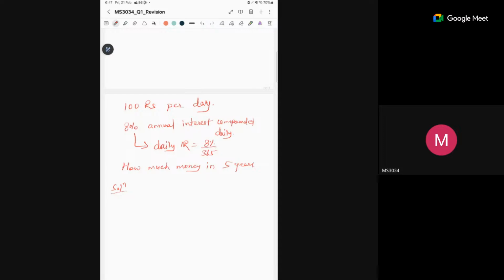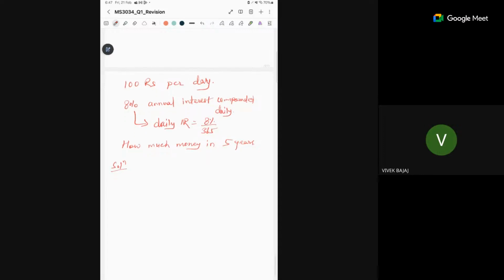I have not checked whether continuous compounding gives the same answer. But as we discussed, if numbers are very small, continuous and daily compounding give almost the same numbers. The difference will be very small, but it's not exact because this is daily compounding, not continuous compounding. So there will be a slight difference in the numbers.